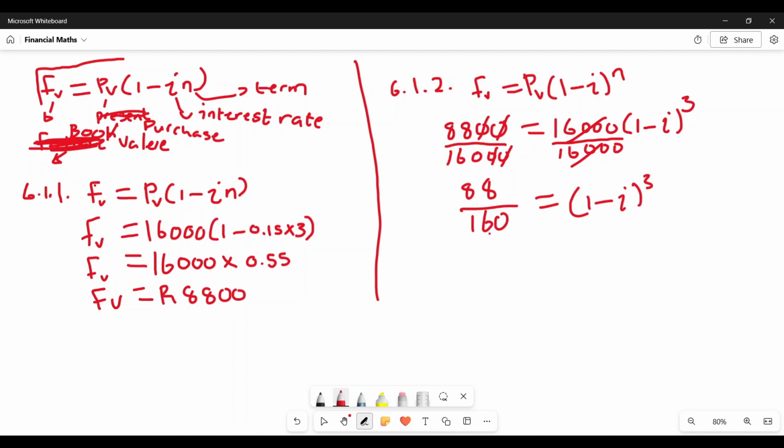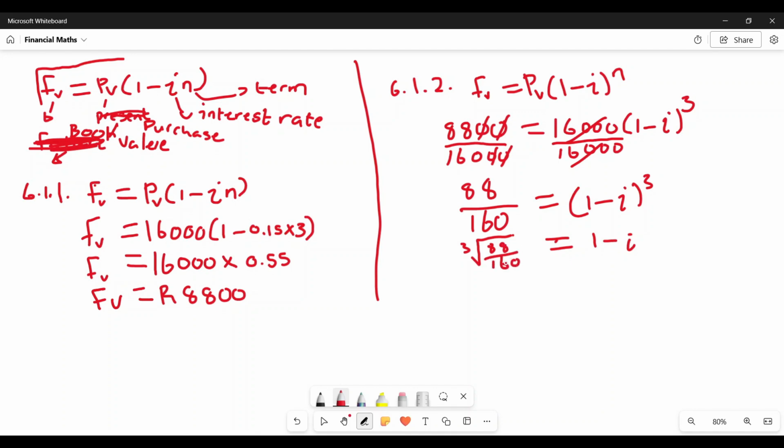And then if we want to remove the 3, we can use a cube root on both sides. If we apply a cube root on both sides, on the left hand side we will be left with 1 minus the interest rate, and on the right hand side we'll remain with the cube root of 88 over 160.